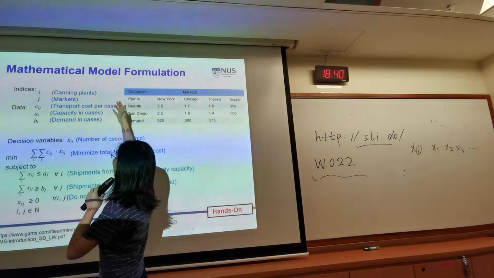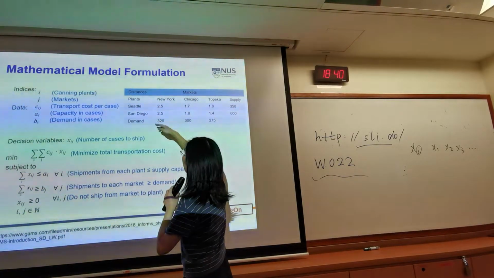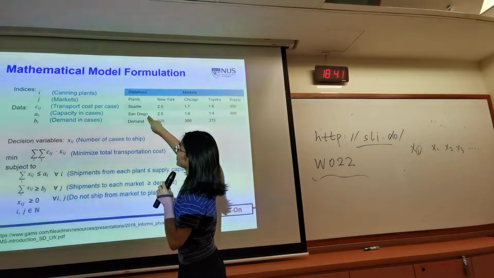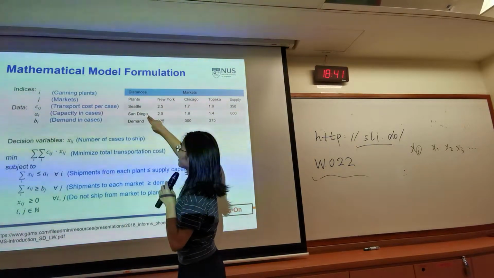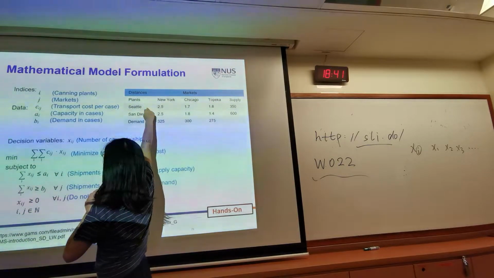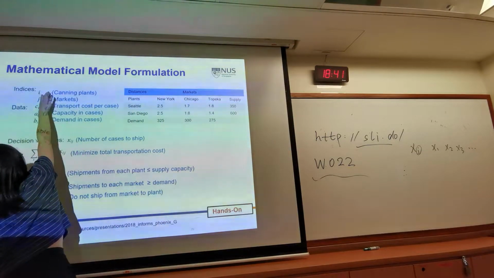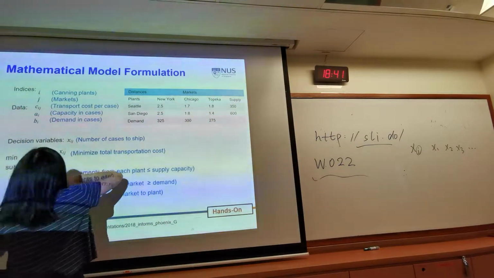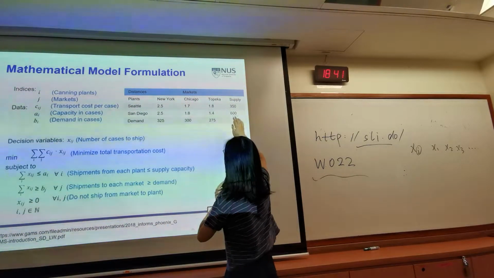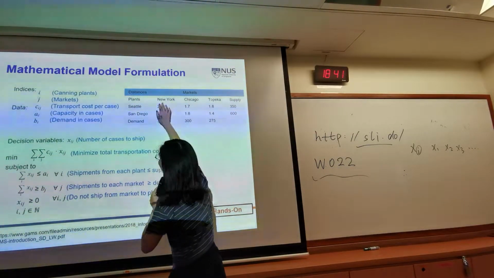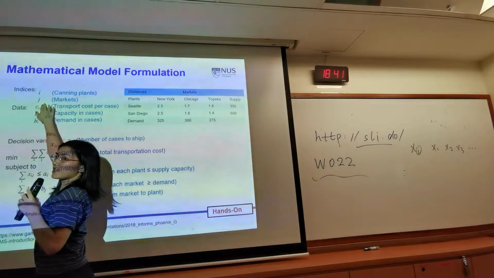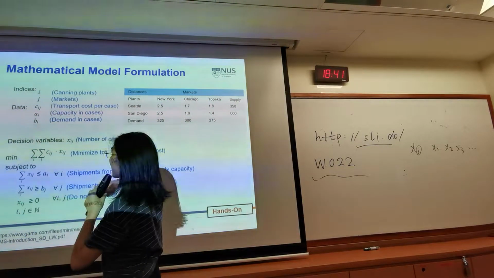The indices are the plants, which are these two, Seattle and San Diego. So these two are included in this category I. And the markets, which are these three, are included in this category J.